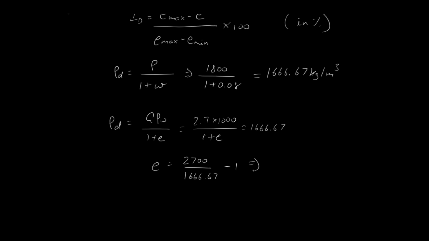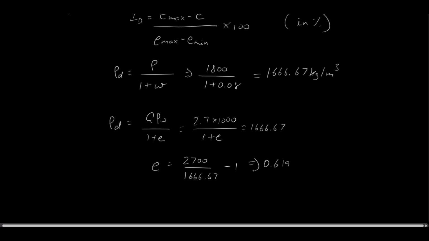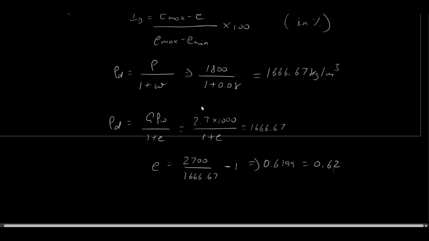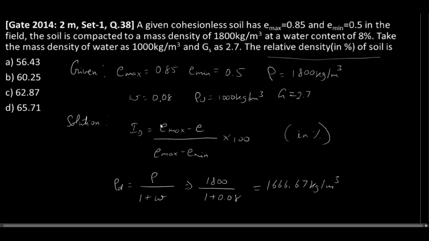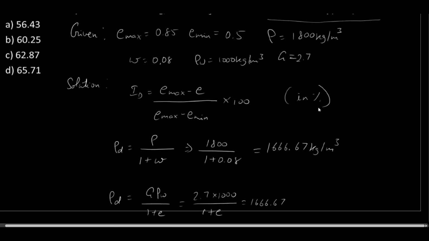That is 0.6199. We will take it as e is equal to 0.62. So 0.62 is the void ratio of soil when the dry density or else when the mass density of the soil is 1800 kilogram per meter cube.